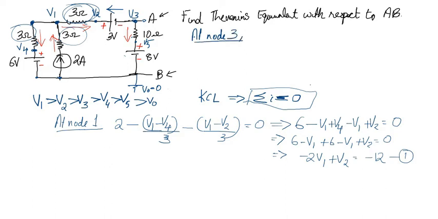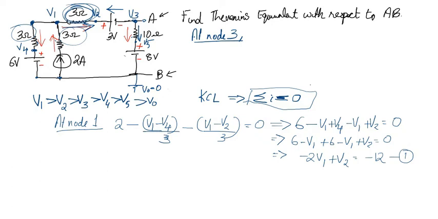If you are looking at node 3, there are two currents actually. One current is coming through this 3 ohm itself. The current through 3 ohm, which was in this direction, will be an incoming current to node 3. So that is (V1 minus V2) by 3. That is incoming current. And the current through this 10 ohm is going down. That is outgoing.